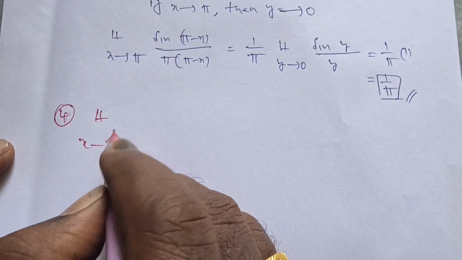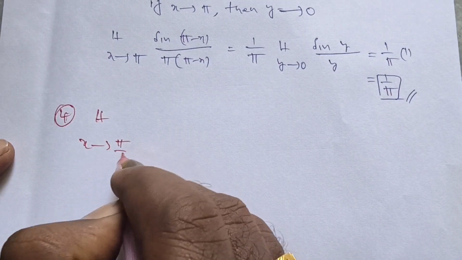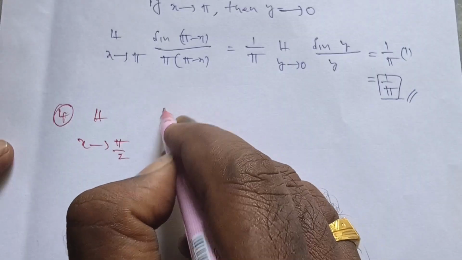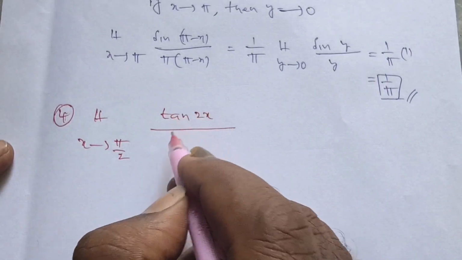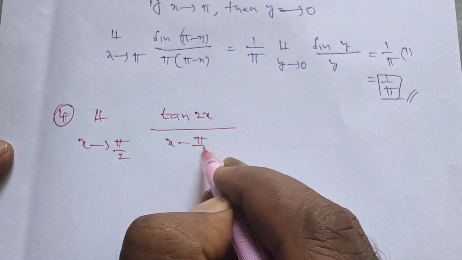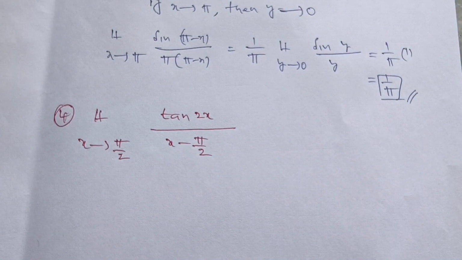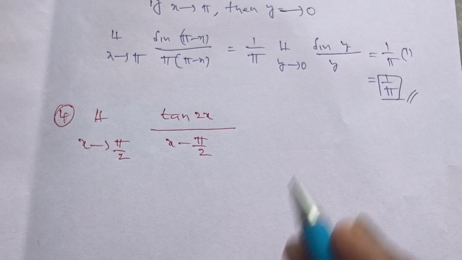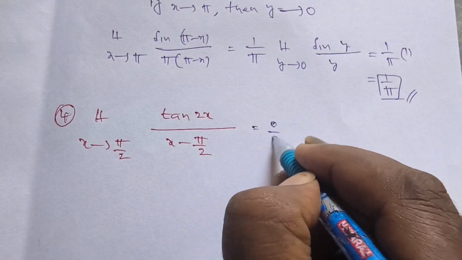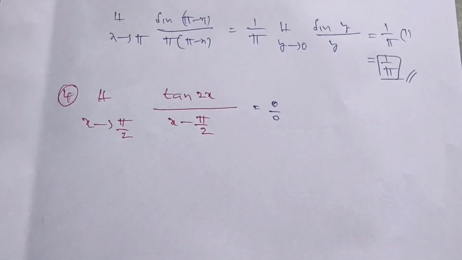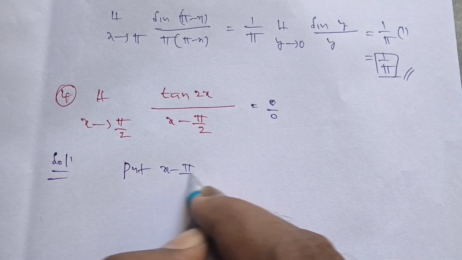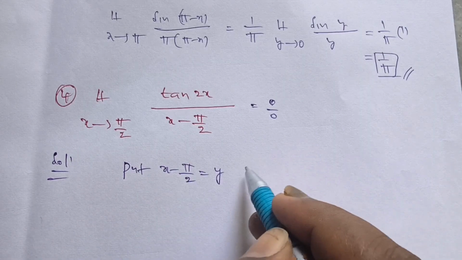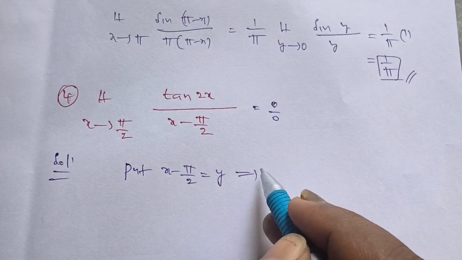Now the fourth one is limit x approaches pi by 2, tan 2x by x minus pi by 2. Clearly it is of the 0 by 0 form if we put x as pi by 2 in the given problem. To solve this limit, again we use the substitution method.